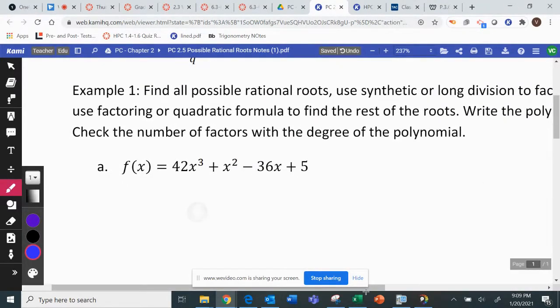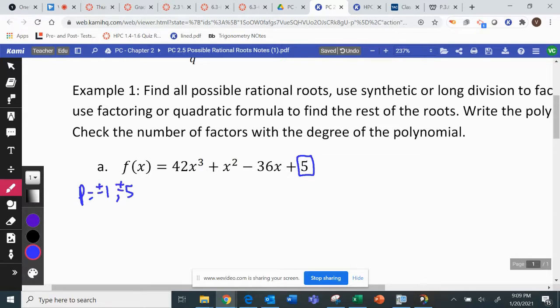The p numbers would be anything that can be factored out of 5. So we've got the number 1 and the number 5. If I multiply 1 and 5, I can get 5. If I multiply -1 and -5, I could also get 5.